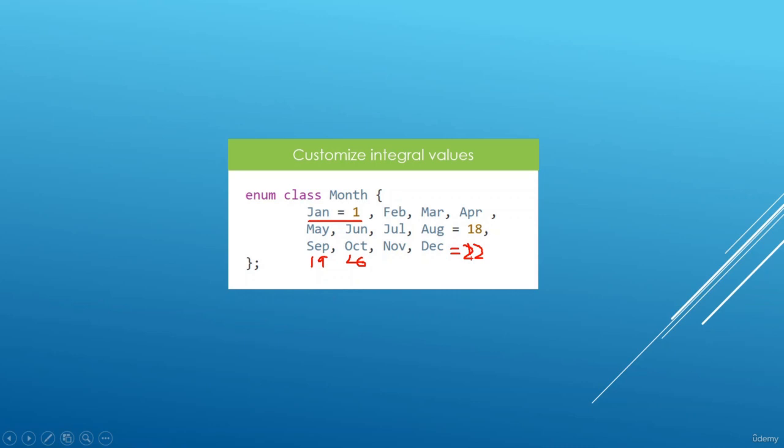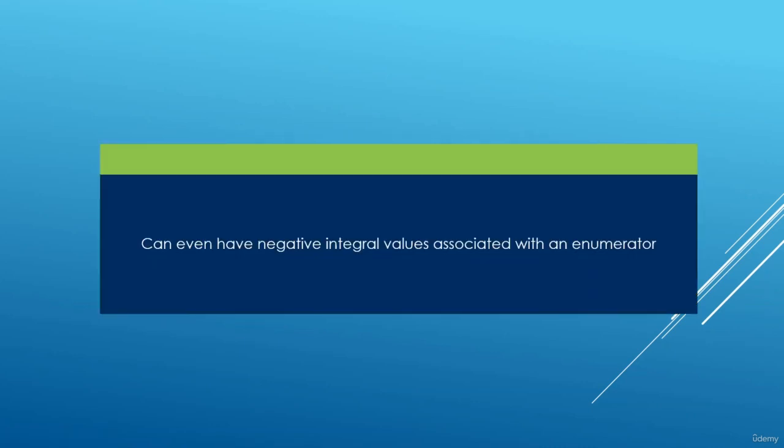This is how these things work. Okay, we can really customize our enumerators to work however we want. We can even use negative values to represent our enumerators, and any following enumerators are just going to increment on that negative value. You can do this if it makes sense for whatever application you are designing.